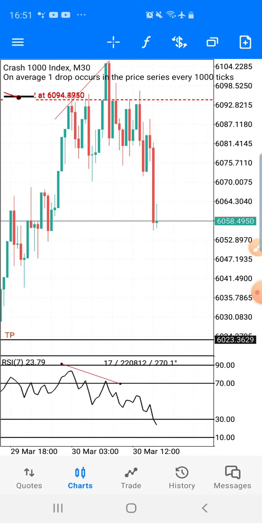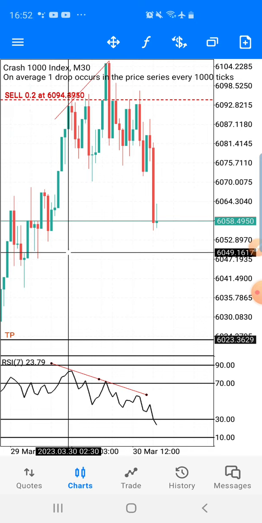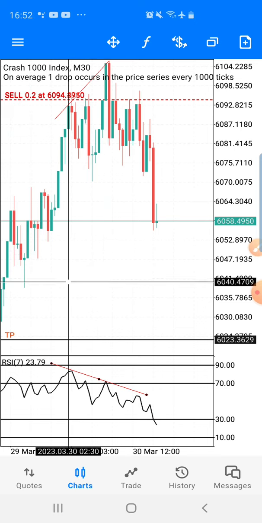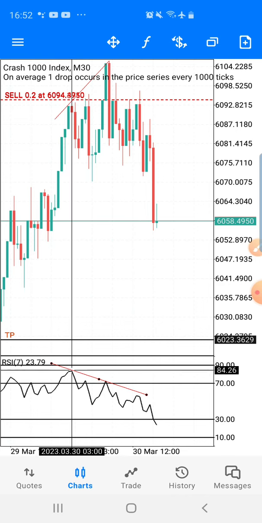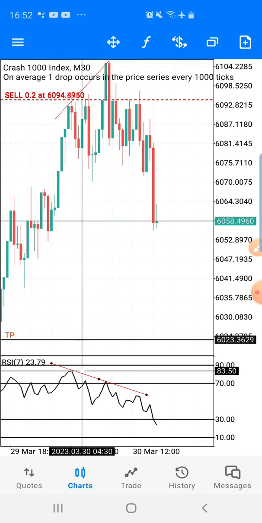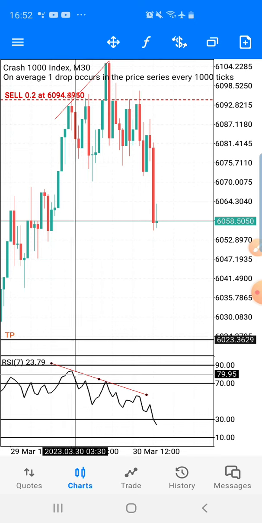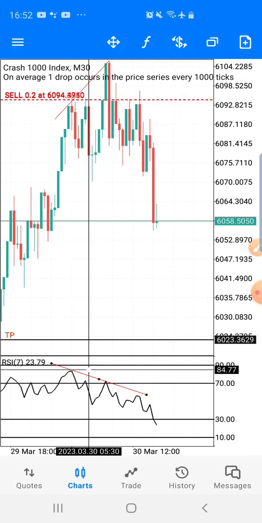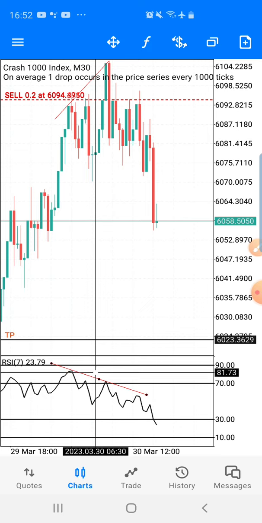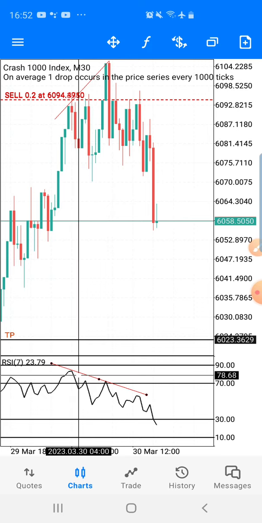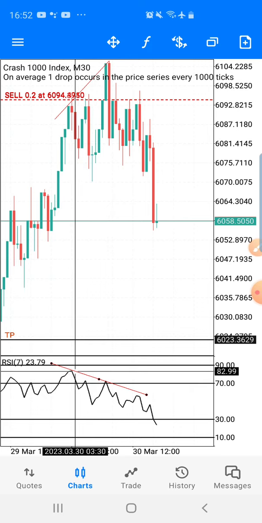We are having a lower low instead of the higher highs you're supposed to have. This is high, so I have put this in for you to know this is high, and this is higher than this. You can see the RSI has started creating a lower low, so this is exactly what you are looking for. The divergence simply shows weakness of the buyers at this point.